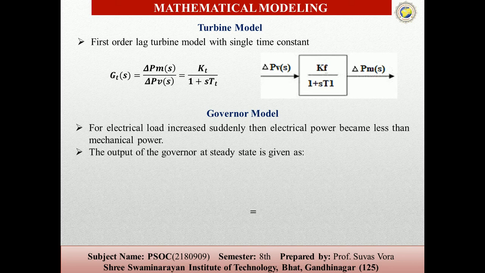So the output of the governor at steady state is given as delta PM equal to delta P reference minus delta omega by R. This power shortage is overcome by supplying the kinetic energy in the rotating system. This reduction in kinetic energy results in a fall of the turbine speed and the generator frequency.